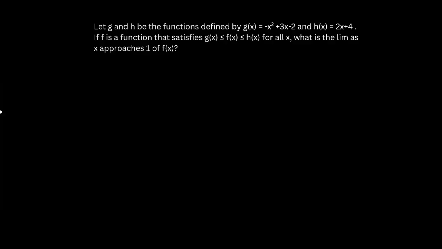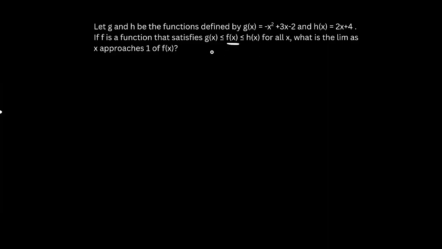This problem is clearly alluding to the squeeze theorem. Despite not being explicitly given the expression for the function f of x, we can still figure out its limit, and that's because of the squeeze theorem.